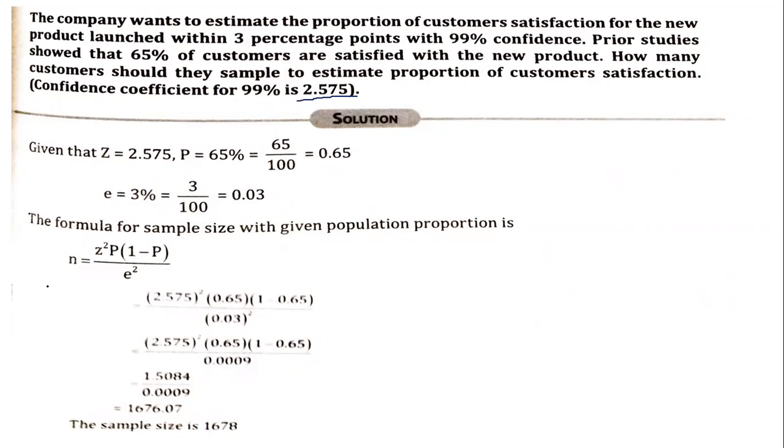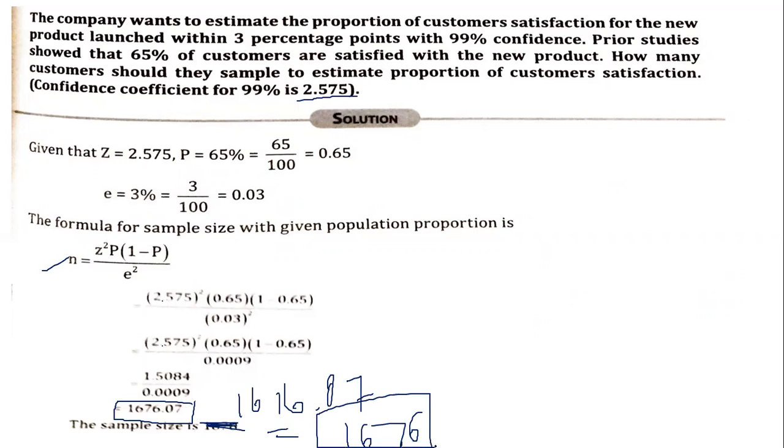Now put all these values into the formula, and that is n is equal to Z square P into 1 minus P divided by E square. Now here the numbers are a little blurry, so please write down the numbers and calculate. And when you get the final answer, the answer is 1676.07, so the sample size is not this, but the sample size should be 1676. Okay, so the sample size is supposed to be only 1676.